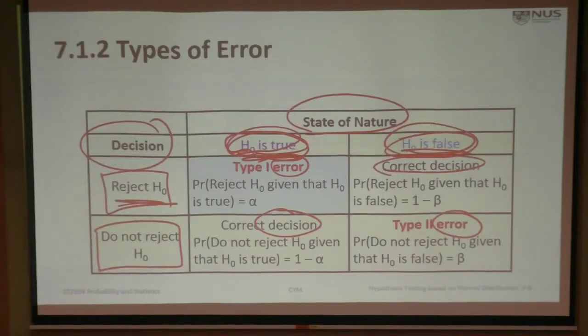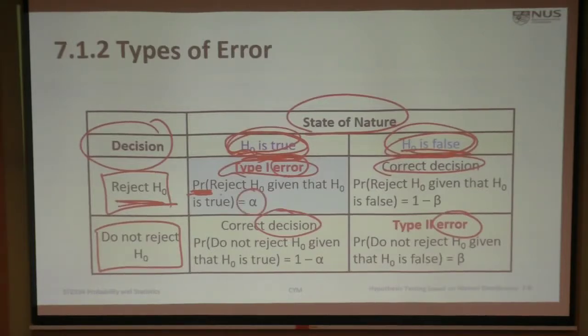So in order to study the error, hopefully we want the chance of making an error to be as small as possible. That's why we try to control these two types of error by minimizing the probability. We look at how likely we reject the null hypothesis given the null hypothesis is true, and we set that as alpha.